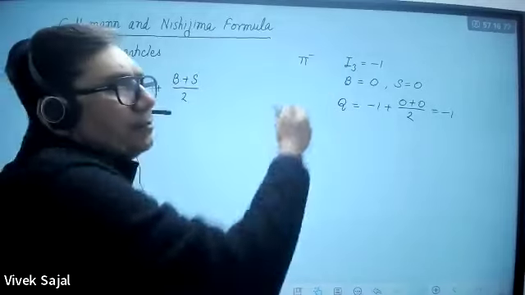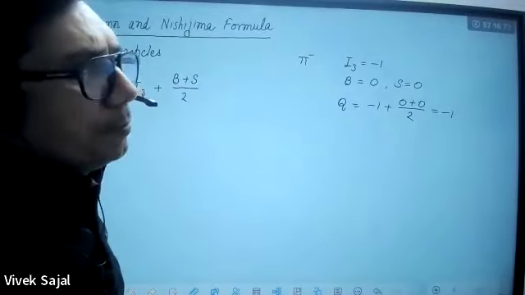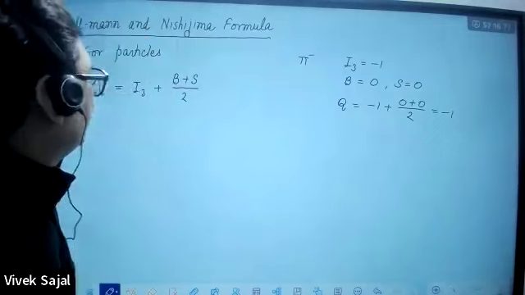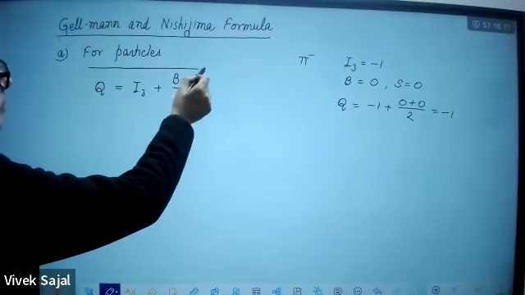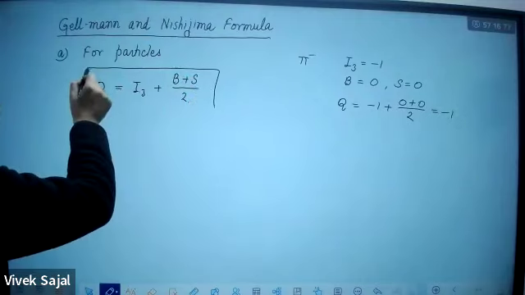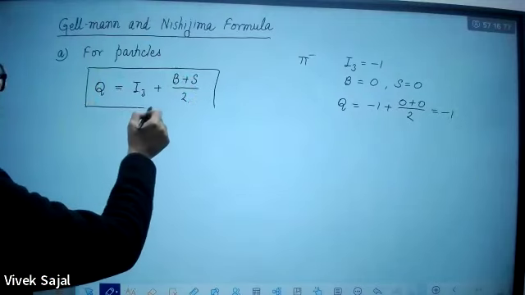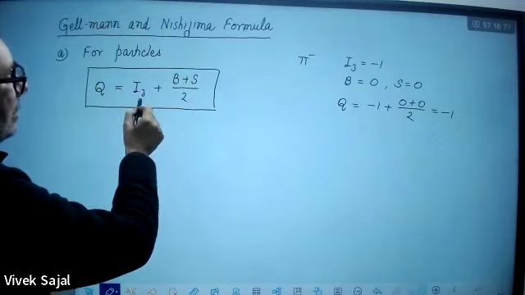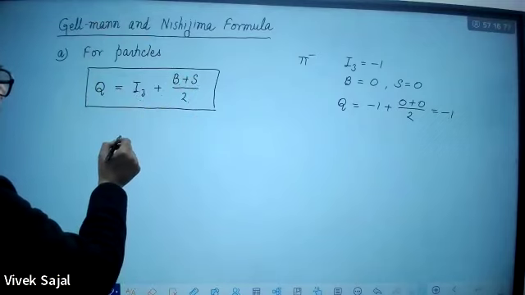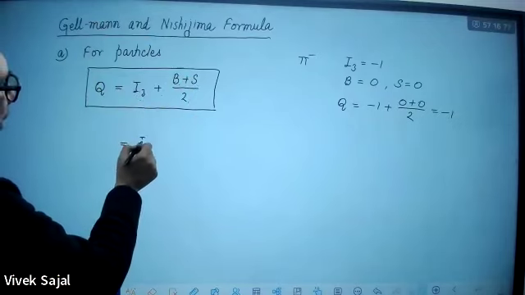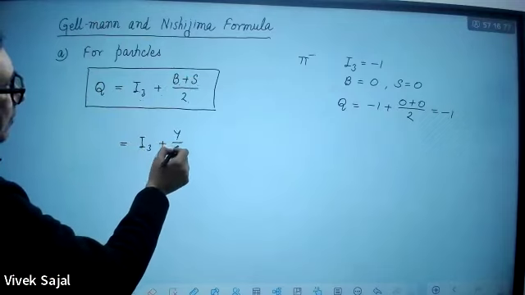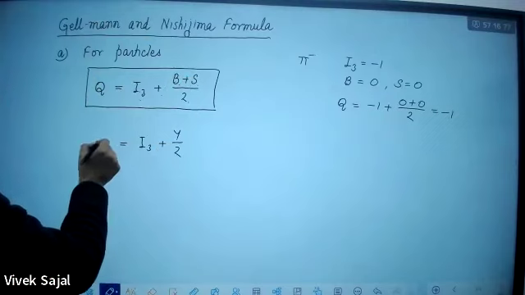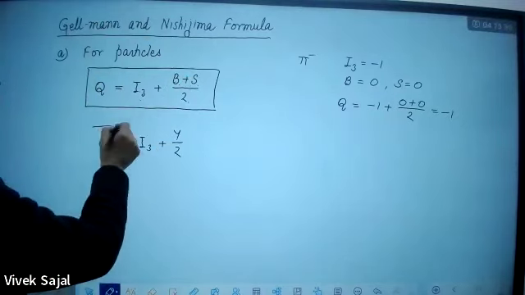So -1 e charge will be there. In this way, you can apply this formula to find the charge on any of the particles. So charge on a particle is connected with I3, B and S. B plus S is also known as hypercharge, so you can also write it as I3 plus Y by 2, and this will be the charge.